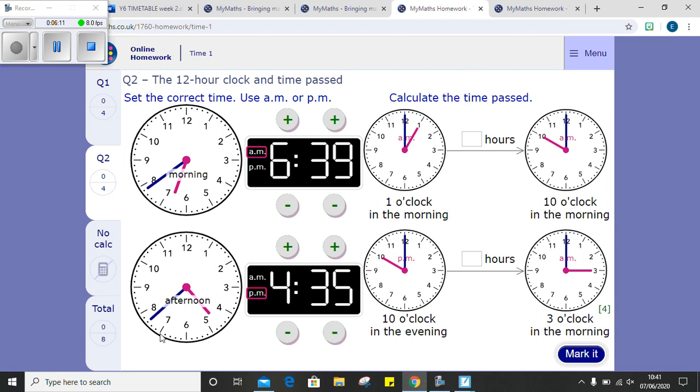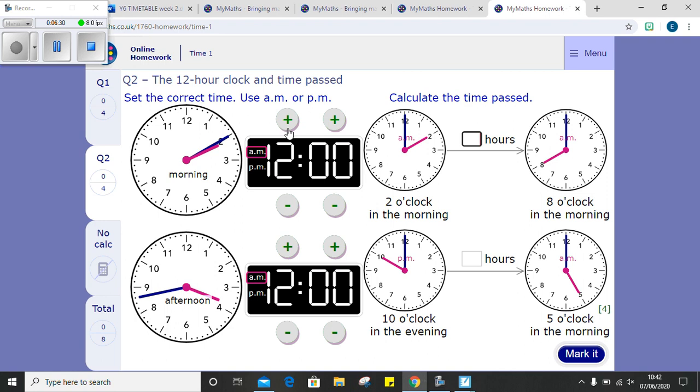Then count up to where the minute hand is. So this will be 35, 36, 37, 38. So that time I've made there, I've looked to the closest 5 minutes and then counted my minute hand through there. Right, let's look at some more ones over here.